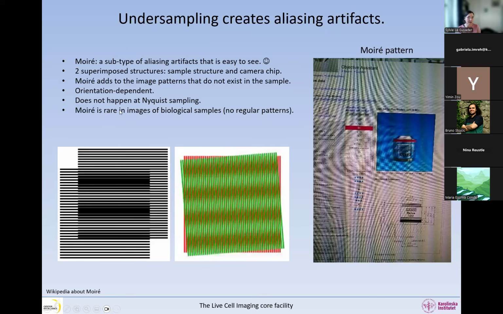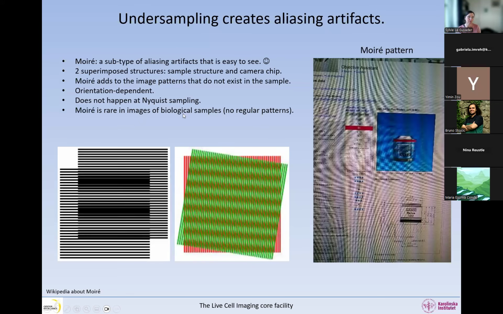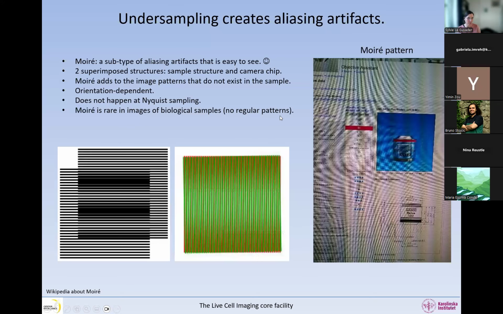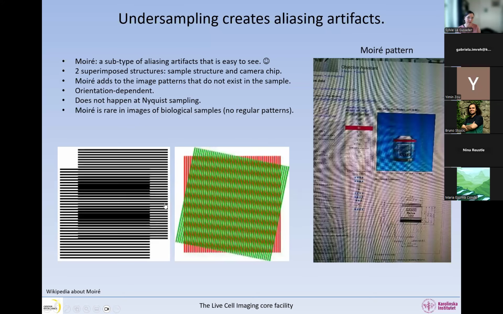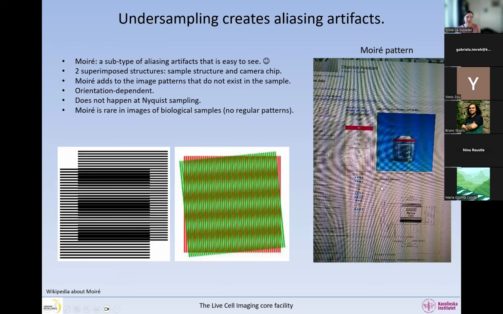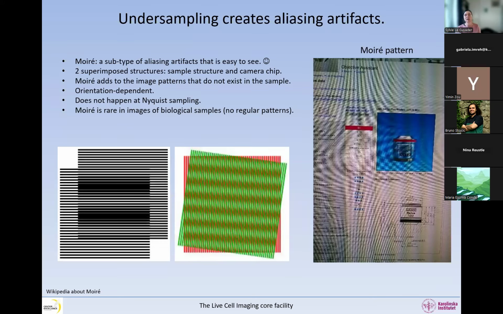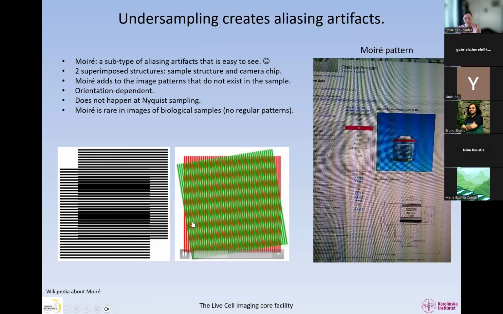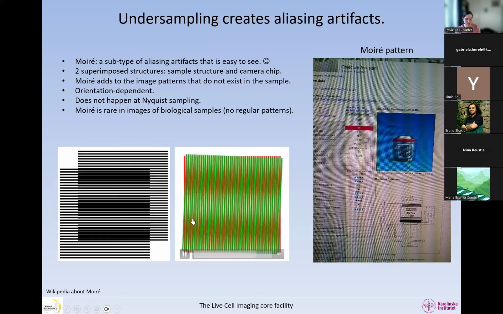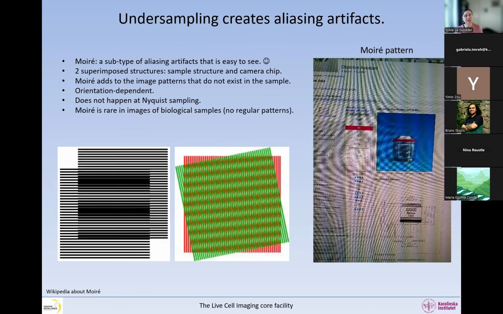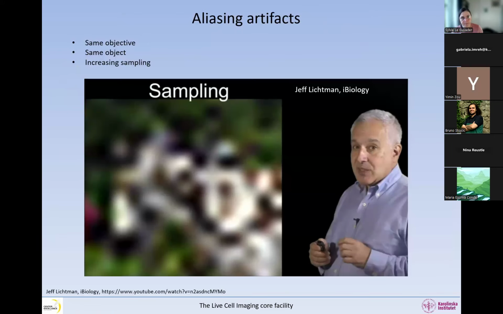Moire is rare in images of biological samples because biological samples do not have regular patterns. This happens very often in photography, where we may have, for example, a brick wall. When you take a picture of a brick wall, you may have moire artifacts, or when you take a picture of someone who has a striped shirt, for example.